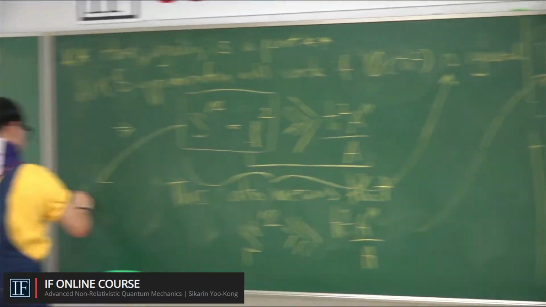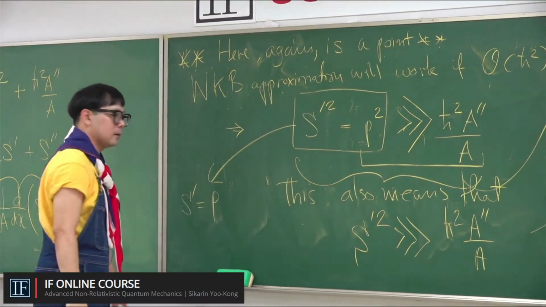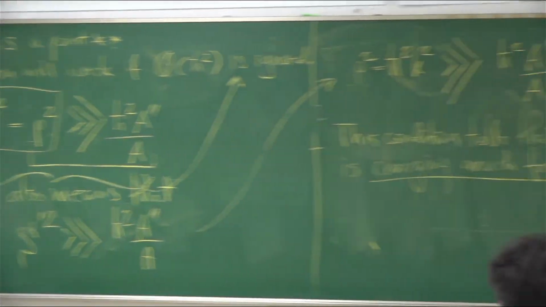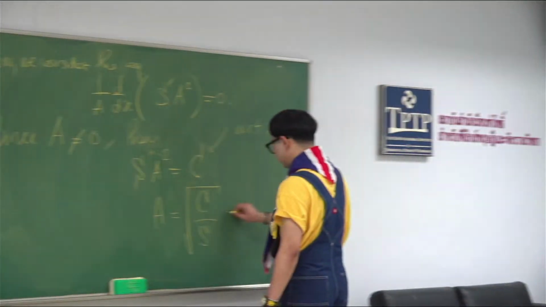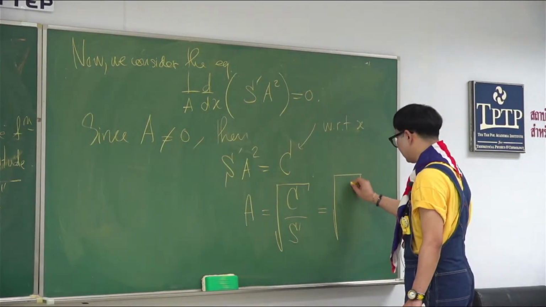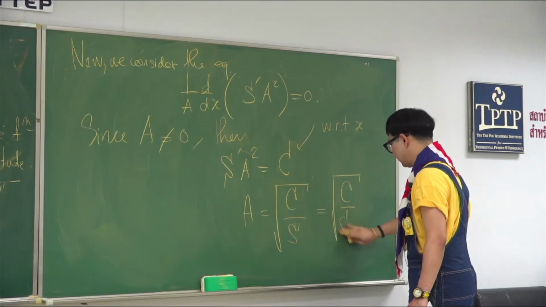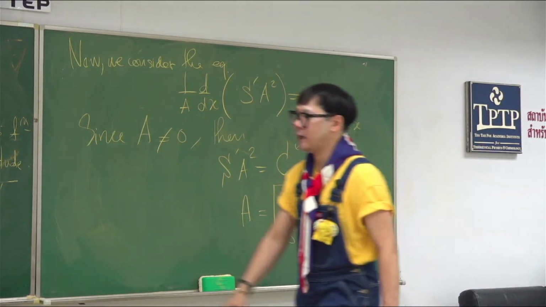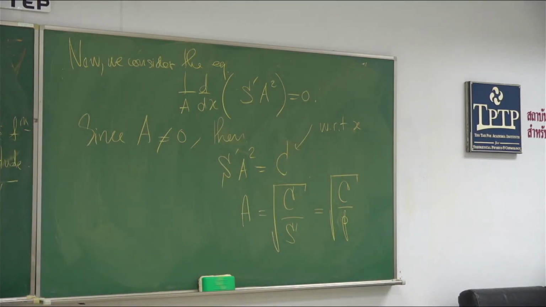And so you know what the S prime is from this, right here. Your S prime is P, right? Actually, it's plus and minus P, right? But we're going to take only the plus one.